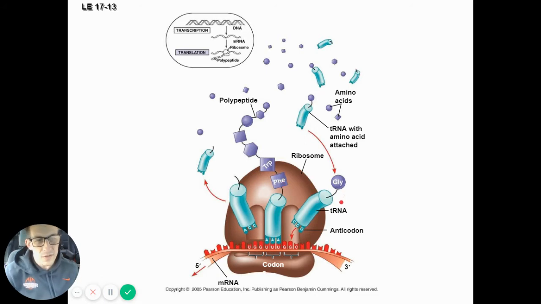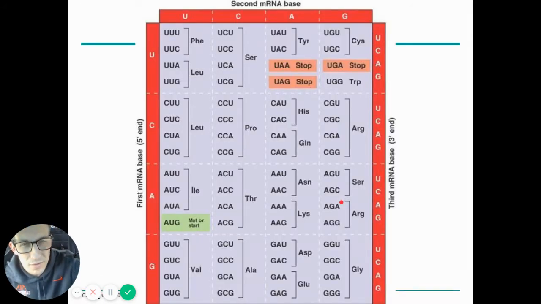Okay, so now we're going to discuss a little bit more, don't want to miss this. This is something we've seen before. This has all of the codons that are coded for in the mRNA bases, and it shows the amino acids that they will code for.